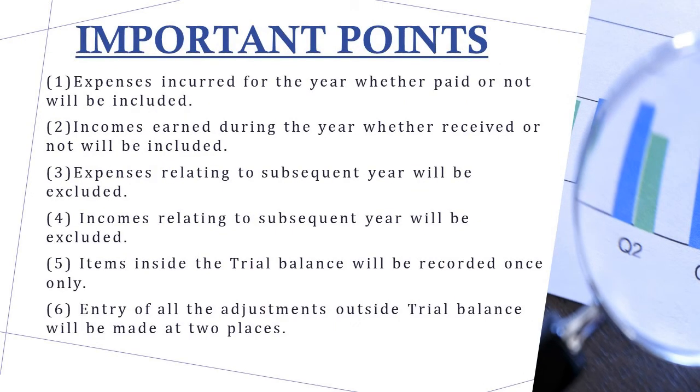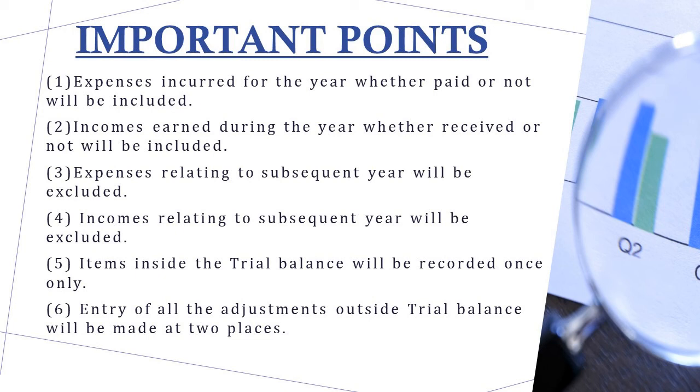Now there are some important points which must be remembered while preparing final accounts. First, expenses incurred for the year, whether paid or not, are included. And second, incomes earned during the year, whether received or not, are also included, because such expenses or incomes basically relate to this year.